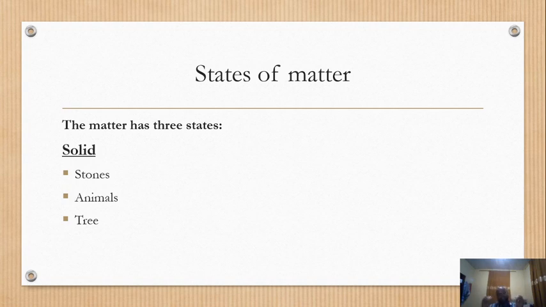So this is one form of matter, one state of matter, one phase of matter. Phase, state, and form mean the same here. So stones and animals and trees, all these are solids and they are matter.